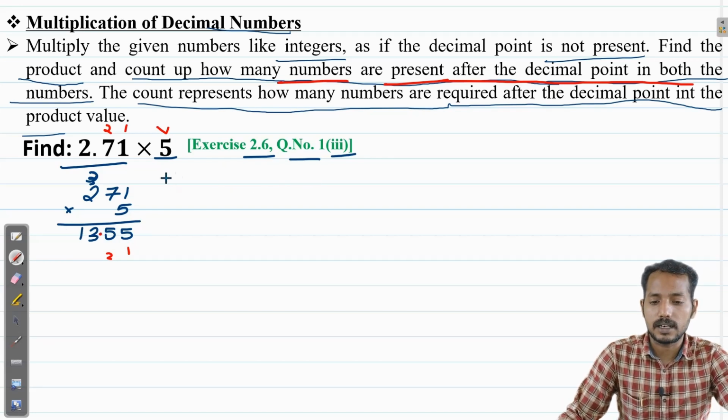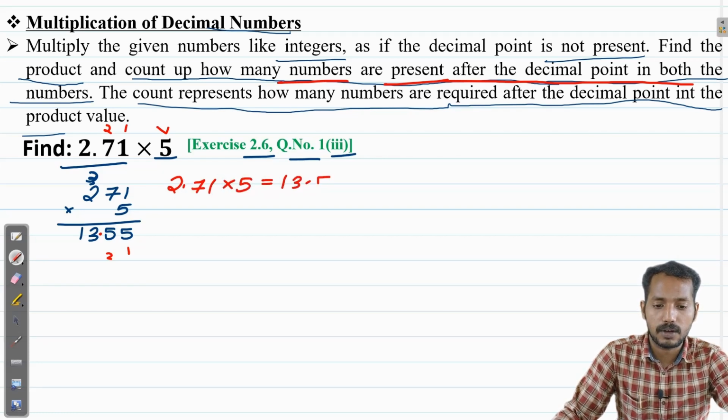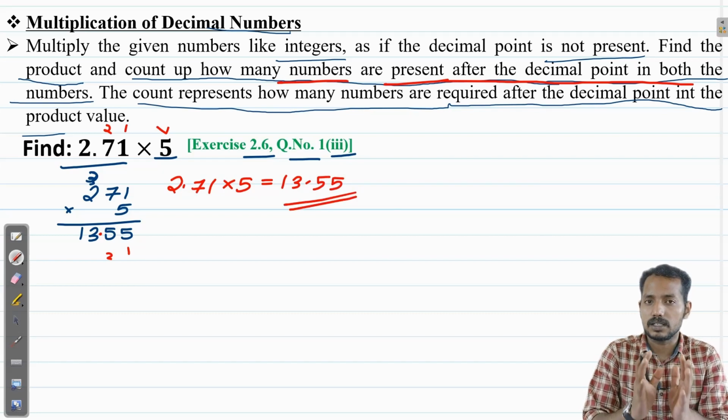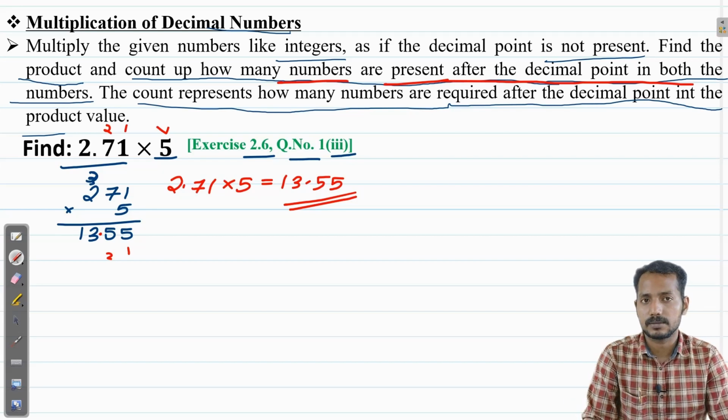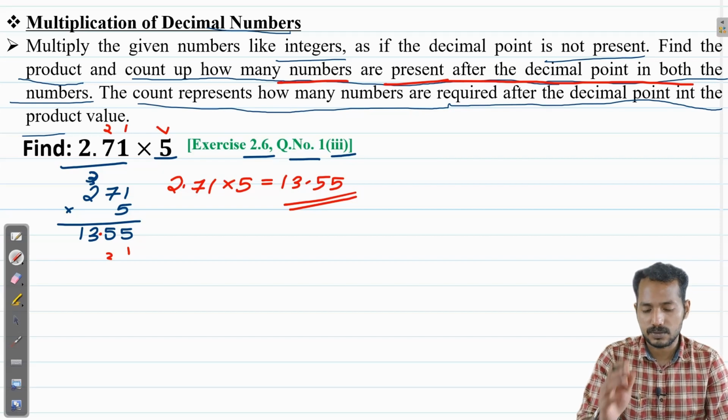So we can say that 2.71 into 5 is equal to 13.55. Just multiply them as whole numbers, then count the digits after the decimal point. That many digits should be there after the decimal point in the product. Clear? That is what we have to remember.